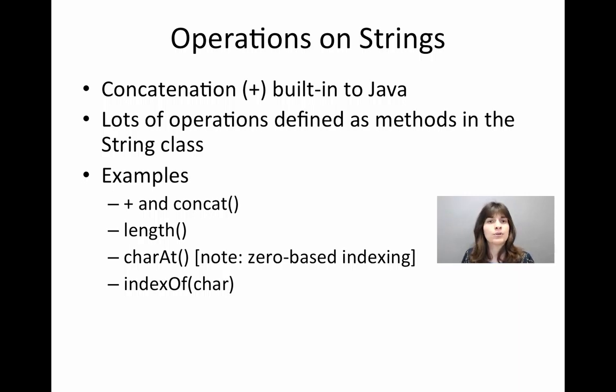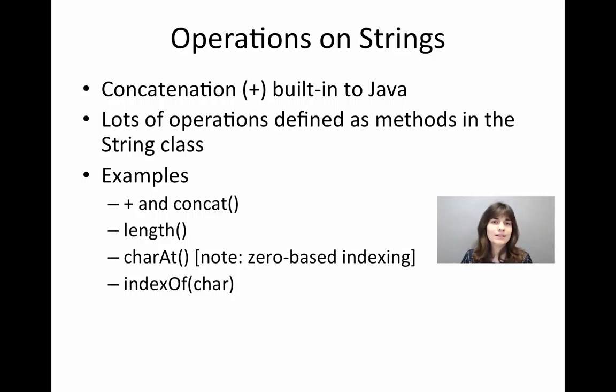A very, very important note. We are not used to starting counting from 0. However, this is what we do in programming. If I have the string, for example, two, the word two, and I want to give an index to each of the letters in the word, the very first letter will have index 0, the second letter will have index 1, the third letter will have index 2.